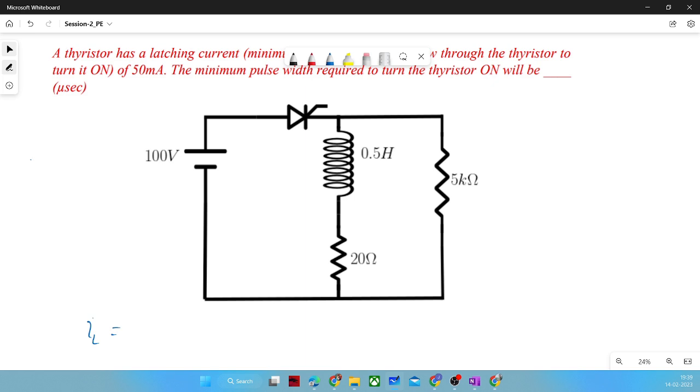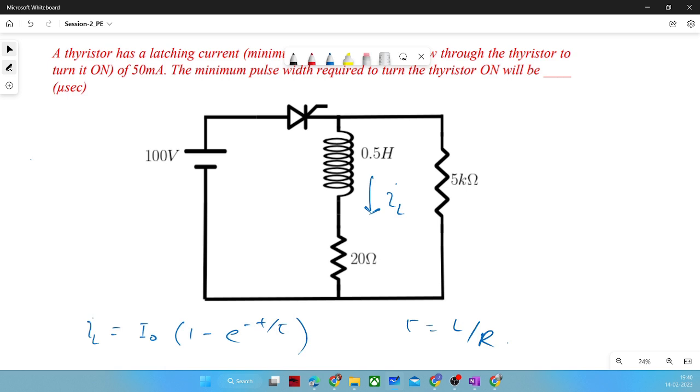But how much current is flowing will also be dependent on time, right? That will not be time independent. Yes. So this current, let us say IL, would be whatever current is initial, into 1 minus e raised to power minus t by tau, where tau is equal to L by R, if you recall the concept of your transient, right?